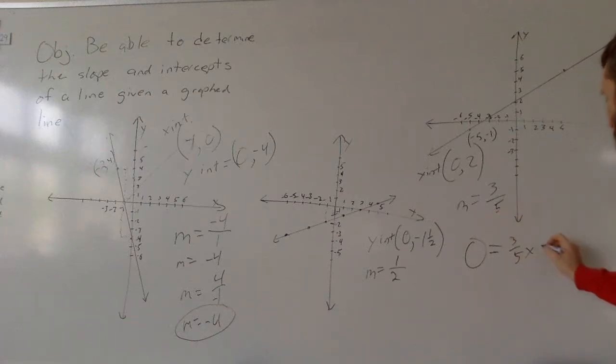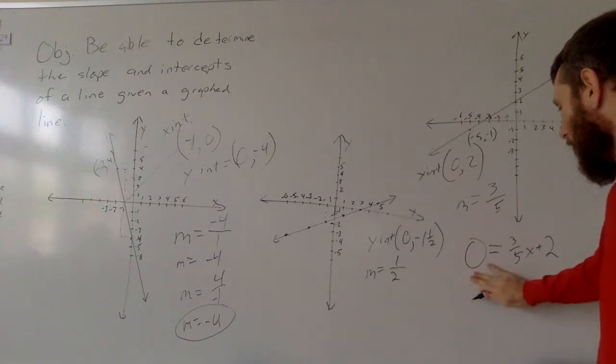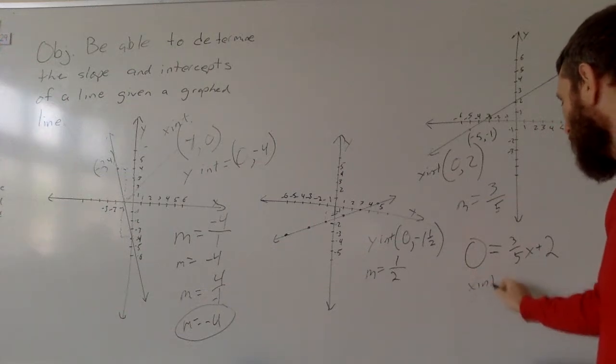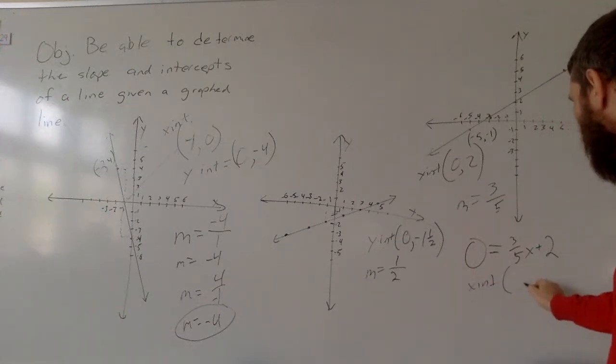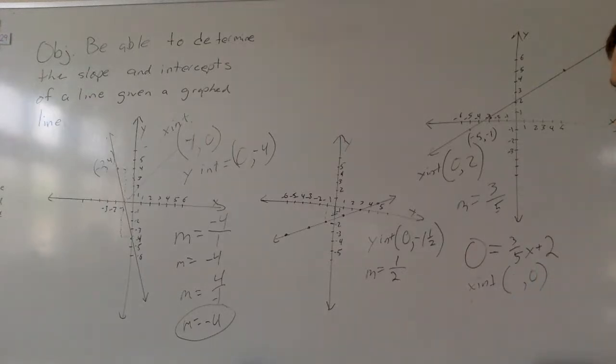That's our slope. Plus the y-intercept is 2. And then if we solve this, we would find out the x-intercept, because the x-intercept is where x is some value and y is 0. So if we put in 0 for y, solve for x, we get the x-intercept.